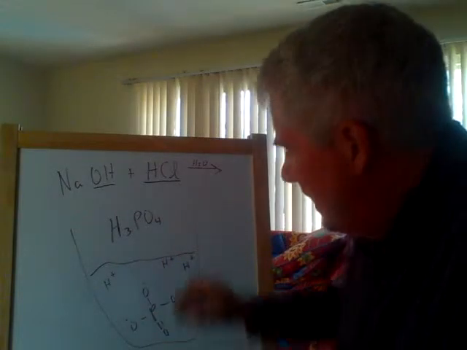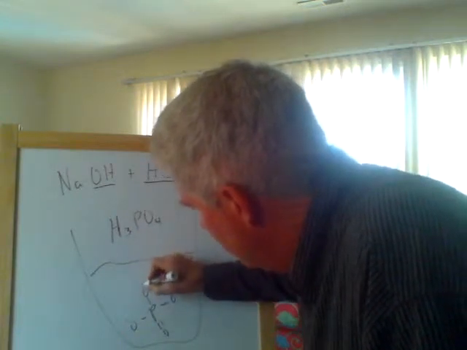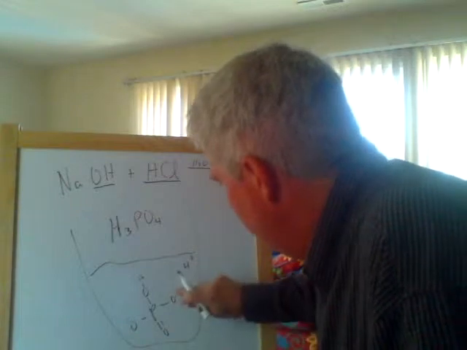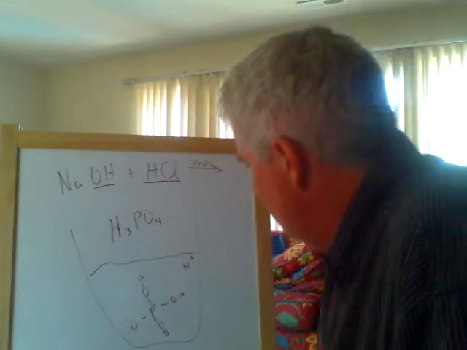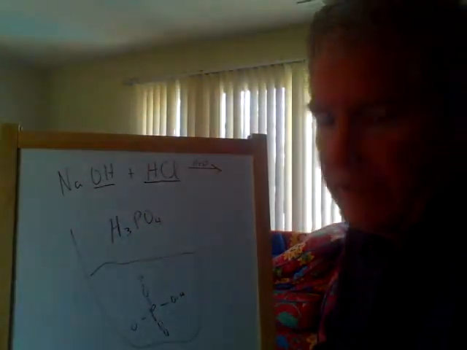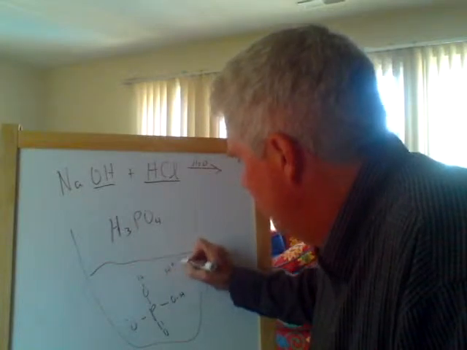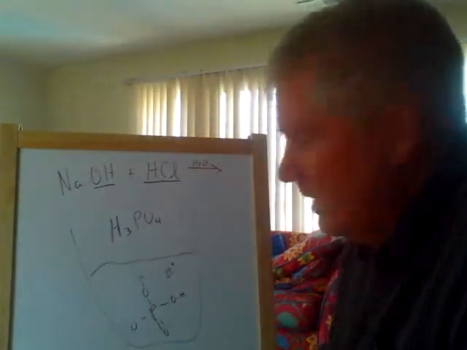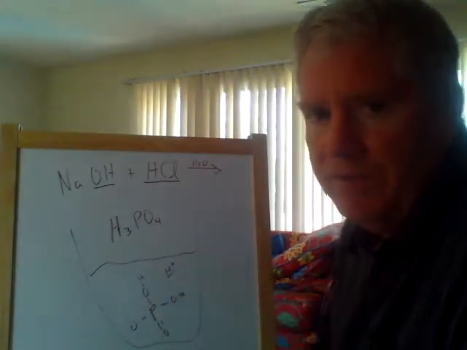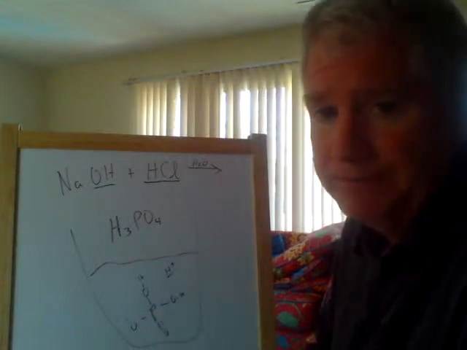The reason why it's not is a lot of these H's are actually kind of happy, sort of hanging out still with the negatively charged oxygens as part of phosphate. And so, yeah, you might on balance have some of these floating around and free, but the rest of them are still sort of happy attaching itself to the anion, to the polyatomic anion, in this case phosphate.